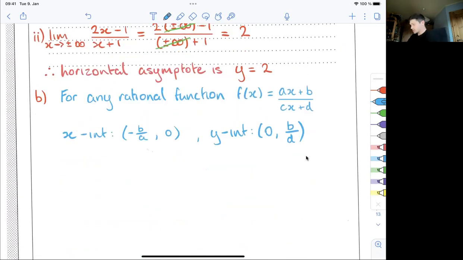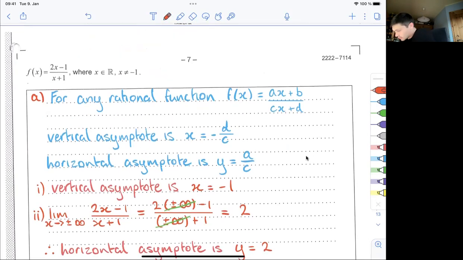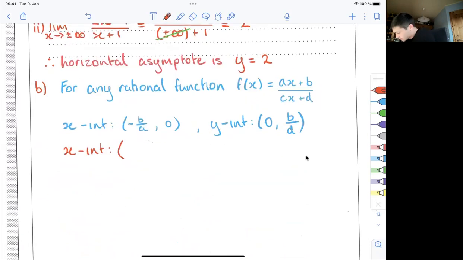Okay, cool. So then in terms of our question here, the x-intercept is going to be, what do we have? b, so negative 1/2?